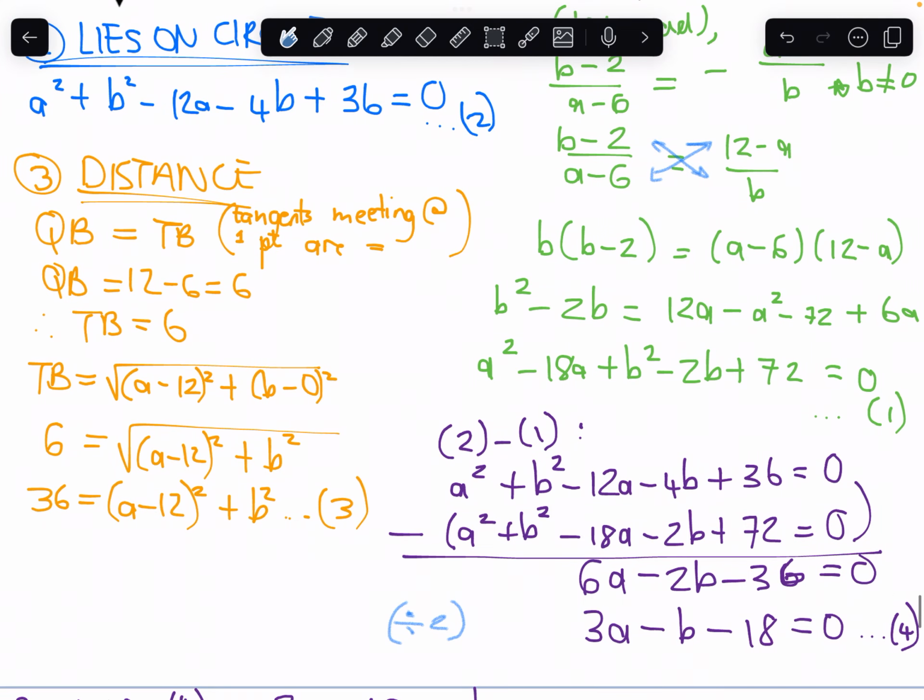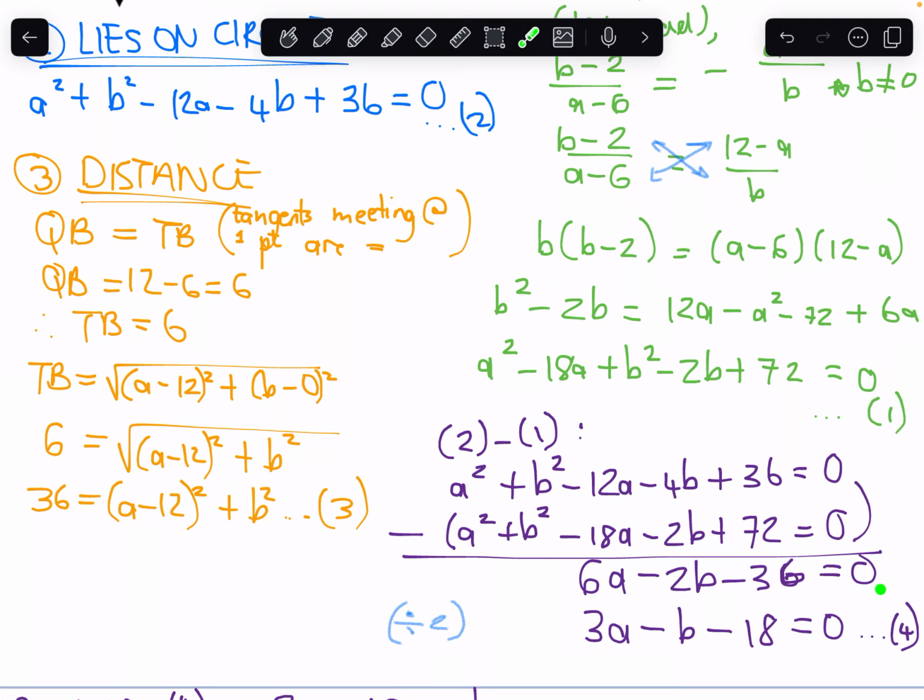Then a squared minus a squared is 0, b squared minus b squared is 0, minus 12a minus 18a, so that's positive 18a minus 12a, which is 6a, minus 4b minus 2b, so that's positive 2b minus 4b, which is minus 2b. And then 36 minus 72 is minus 36, and 0 minus 0 is just 0.